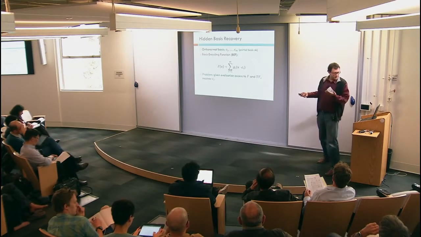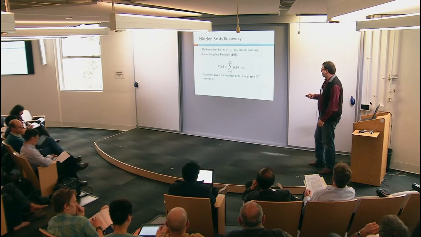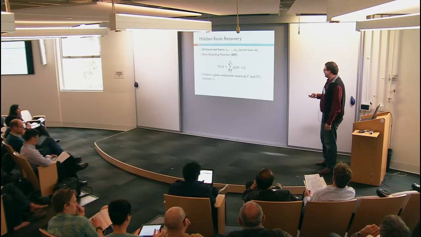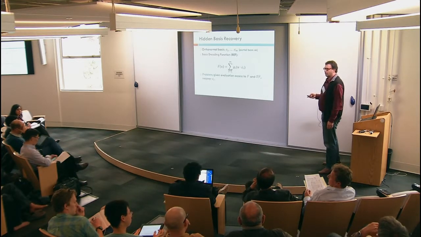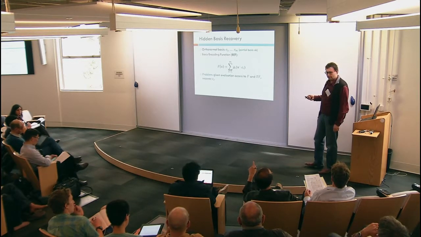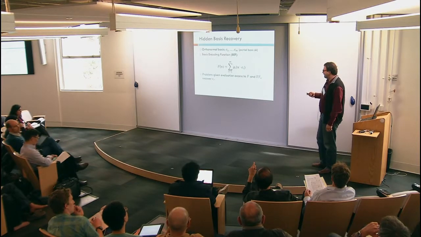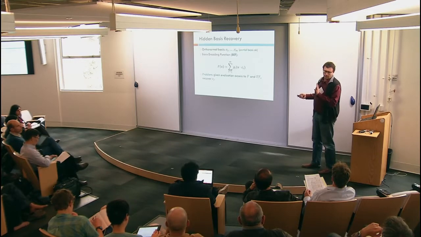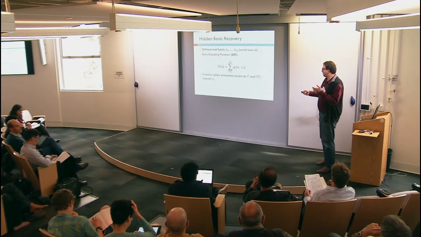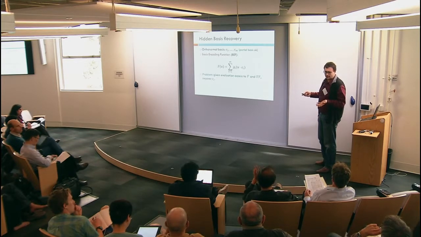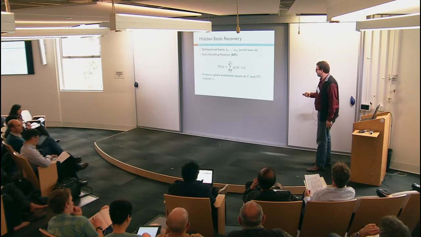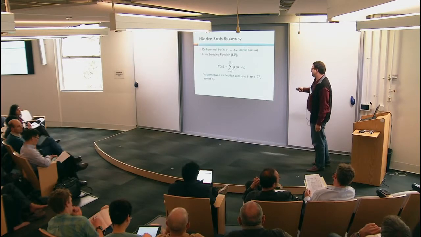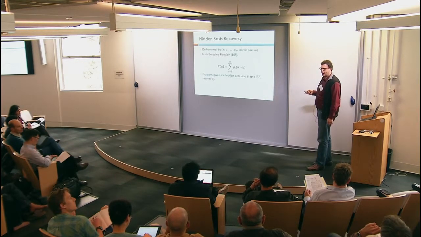I guess it depends on your setting. And the g's, we may or may not know what they are. You are given access to this function, so we can assume that given a u, you can compute this function. And typically I'm interested in values of this function on the sphere. Okay, so we're given this. The question is how to recover the E_i.